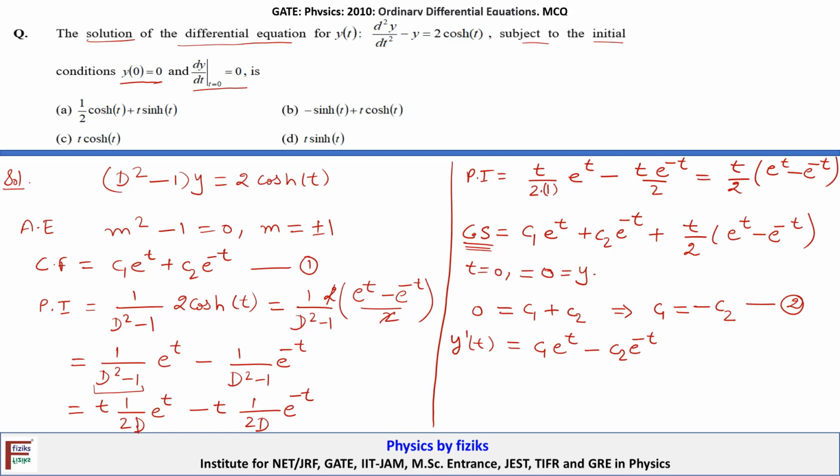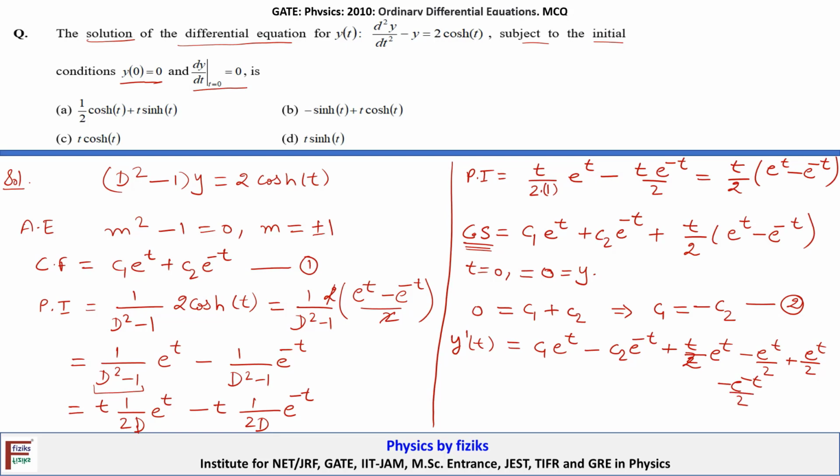Now the derivative of this function can be written like this, plus t/2 into e to the power t minus e to the power t divided by 2 plus e to the power t divided by 2 minus e to the power minus t divided by 2.